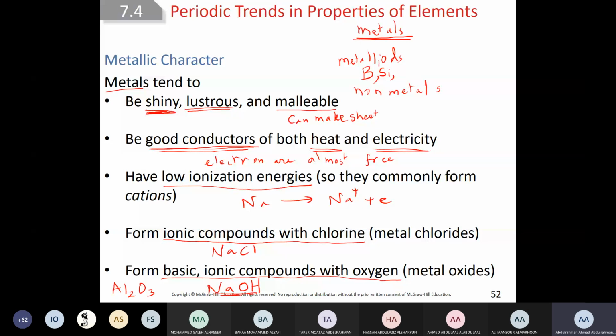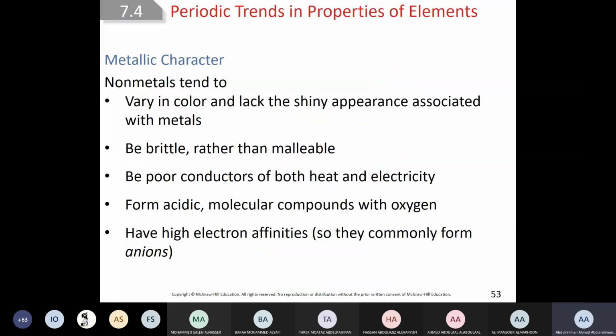Okay, good. Now, these are the properties of what? Metals. Okay, the non-metals are usually colorful. For example, what's the color of sulfur? Yellow.